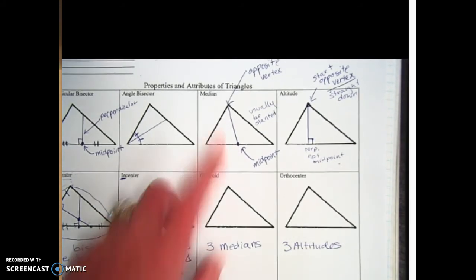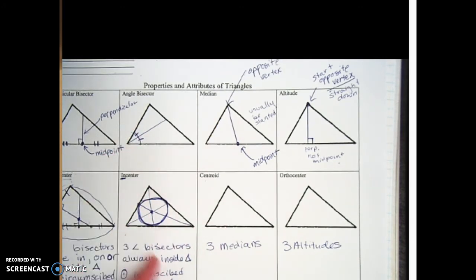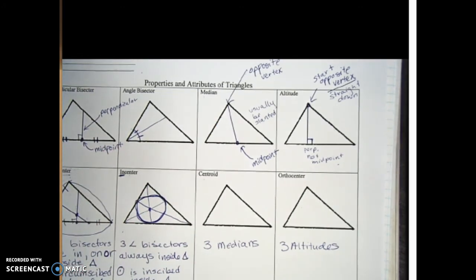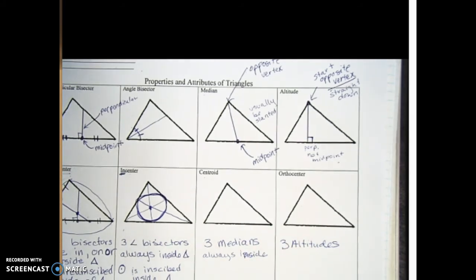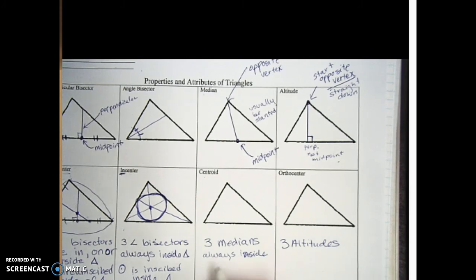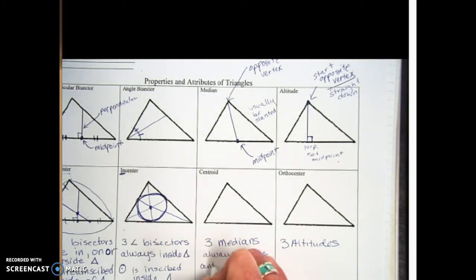Okay? So I line them each up perfectly underneath what they're 3 of. So the 3 medians are always inside. They're always inside, and the centroid is going to have a special relationship.